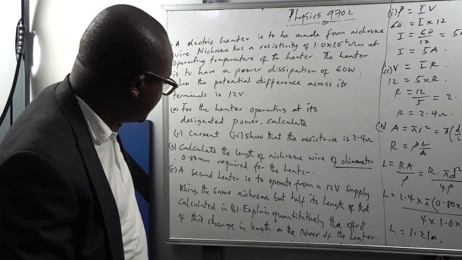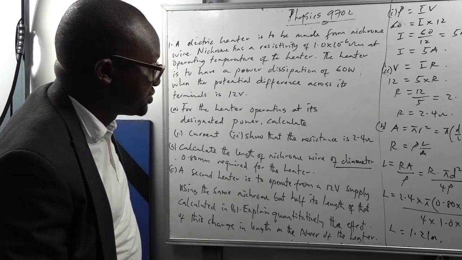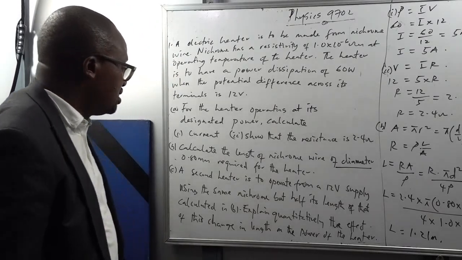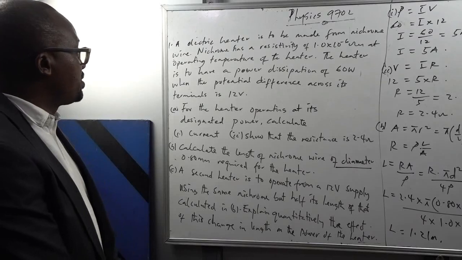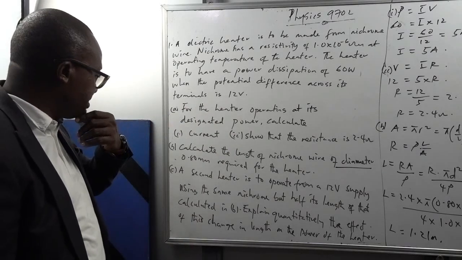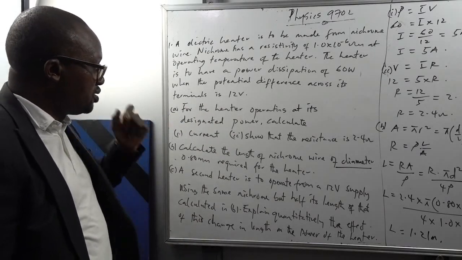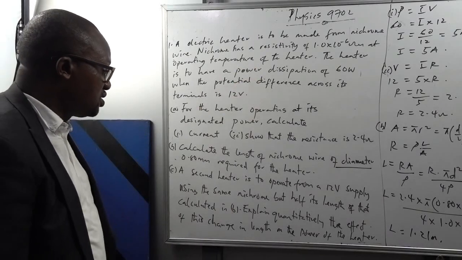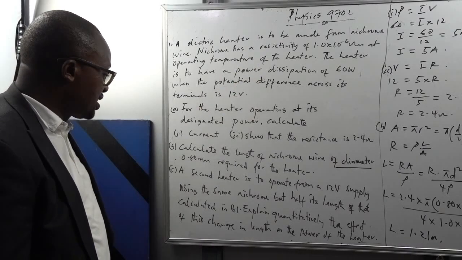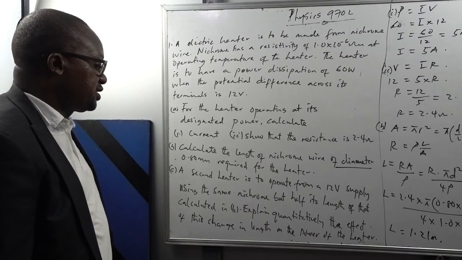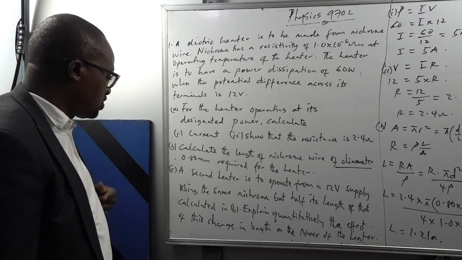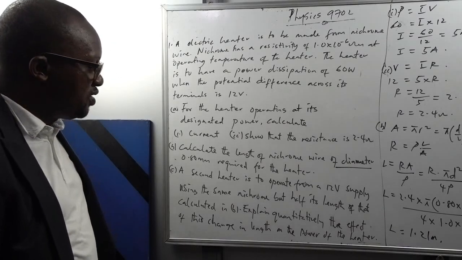Next one now is that a second heater is operated from a 12-volt power supply, which is the same voltage as this, using the same nichrome, meaning that the resistivity is the same, but half the length of that calculated in B. Explain quantitatively the effect of this change in length on the power of the heater.